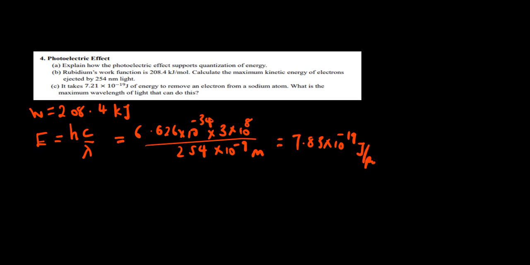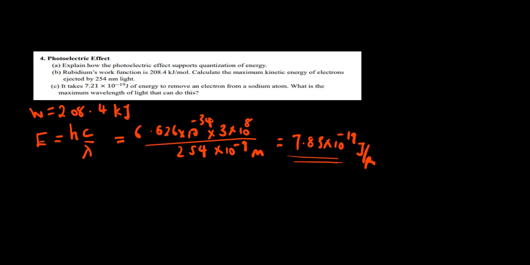They've asked us to calculate the kinetic energy of the electron ejected by the light. So this will be the energy, 7.83 times 10 to the power negative 19 joules. Then what do we now do?